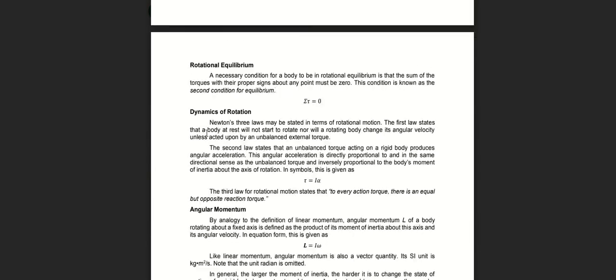Dun sa formula kanina dun sa LAS, dito sa module, balikan lang natin for angular acceleration. Yung symbol niya is alpha. Kailangan lang natin dito dalawa: yung change in angular velocity at yung change in time.